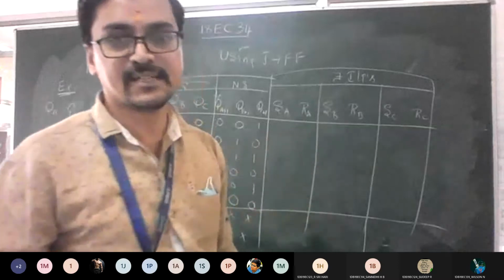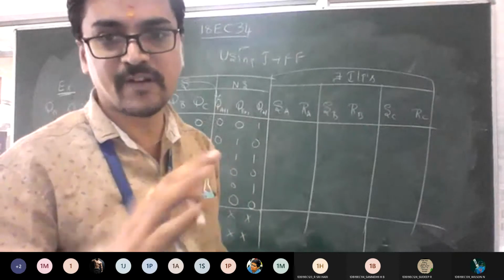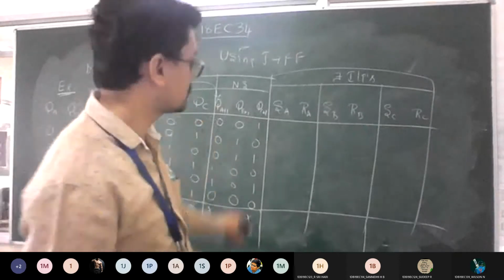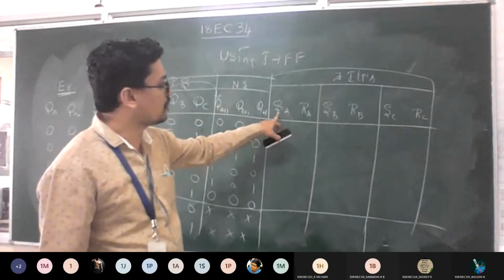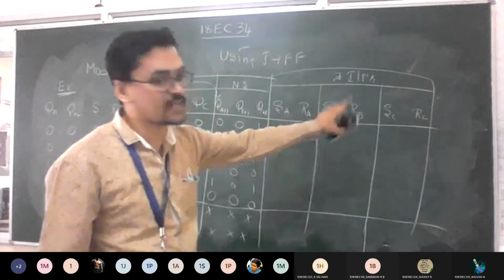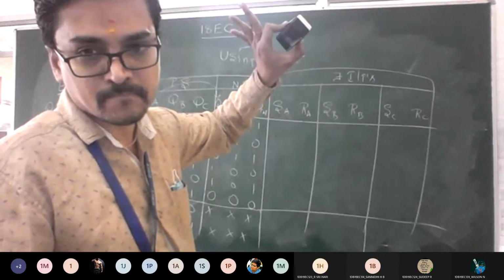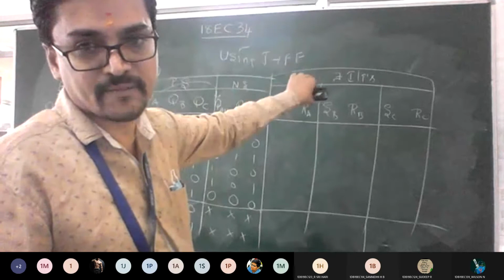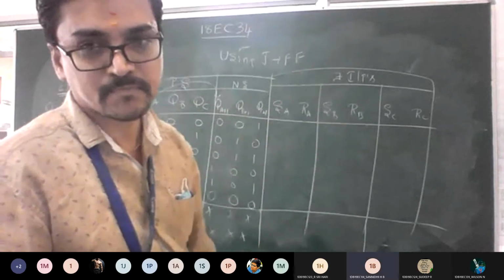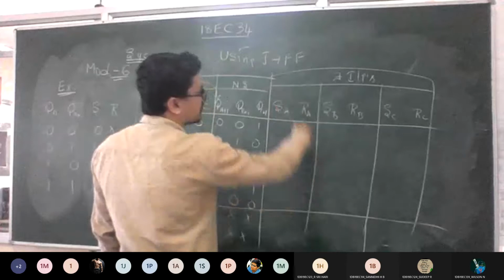How much each individual flip-flop is excited when the same clock is fed simultaneously is the logic. So for that, we need to build this excitation table. You got how to write SA, RA, SB, RB, SC, RC? Is it fine with that outline, everyone? Yes, sir.